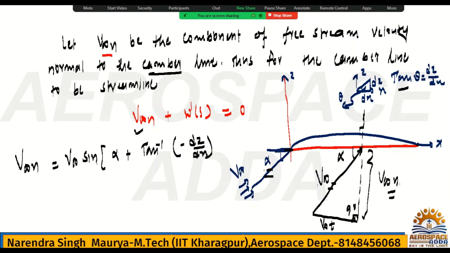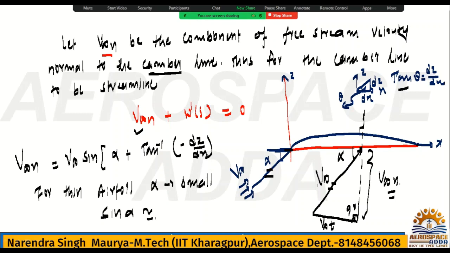So for thin airfoil, what will be the alpha? Alpha is small. So for a small angle of attack, sine alpha will be alpha only. Yes or no? Because if you multiply it, then you may get that.